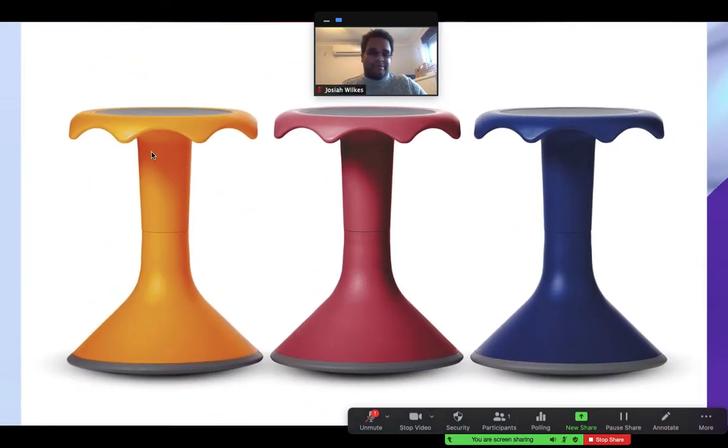Another thing that disables me is the type of chairs and stools. I was teaching in one classroom as a casual, and the teacher didn't have any chairs in the class. They just had all these wobble stools because they had a lot of students with ADHD, and these are brilliant for students with ADHD. They are not brilliant for people that have a physical disability.